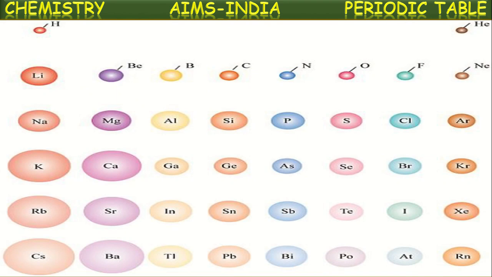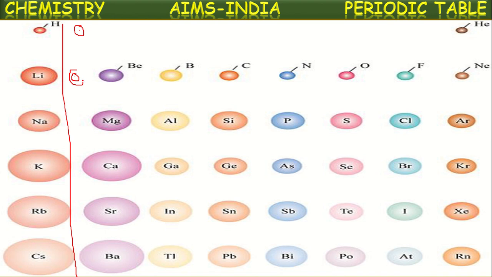See here, suppose you consider the first group. What is happening here? Let us observe the number of shells. We know the hydrogen configuration is 1s1, meaning it has only one shell. The next element in the same group, lithium, has the configuration 1s2 2s1, meaning there are two shells.